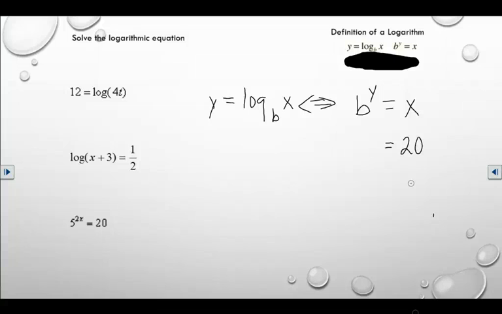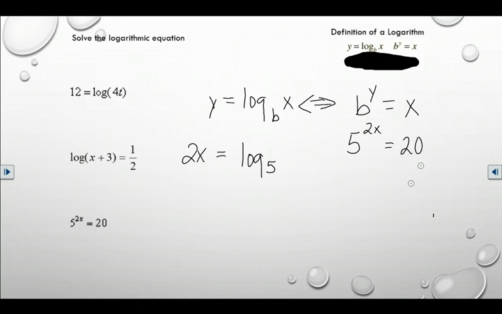So 5 to 2x. So what do? Well, what's B? 2x. B is what? 5. 20 seconds later. Log base 5 of what? Well, y is what? 2x. That comes over here.